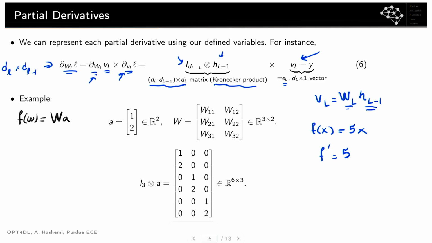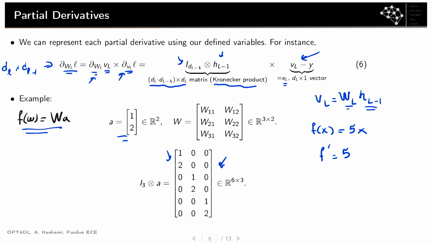Here I have a simple example to show what the Kronecker product means. Let's say I have a vector-valued function, and I'm taking the derivative with respect to this matrix W. It's not too difficult to show that the derivative is going to be this matrix, which is 6 by 3. The Kronecker product basically takes this vector a and repeats it in each column by shifting it appropriately.